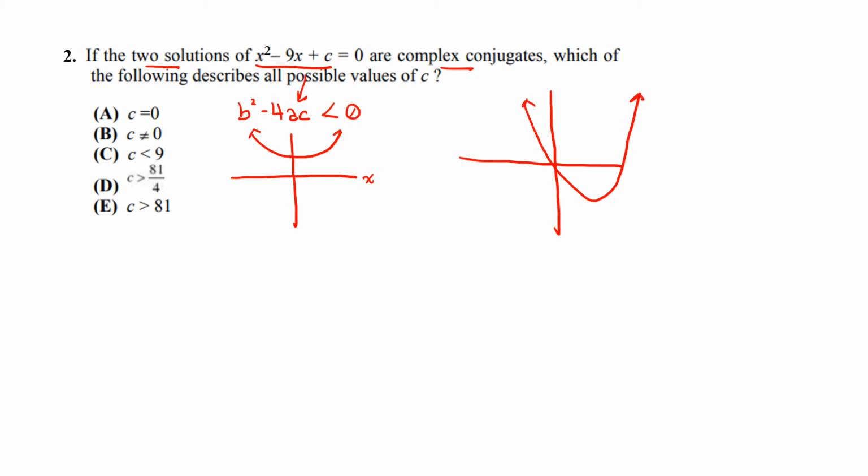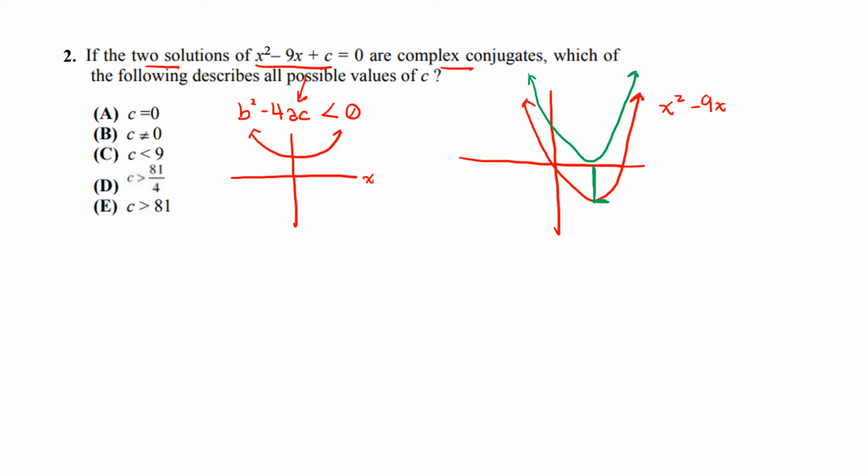If we were to set c equal to 0, this is x squared minus 9x. Looking at this graph from our calculator, all we would have to do to get this parabola above the x-axis is shift it by a number that's greater than this amount right here, which is the parabola's minimum.